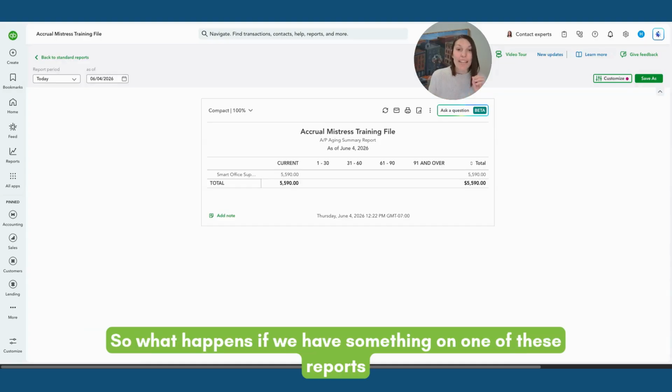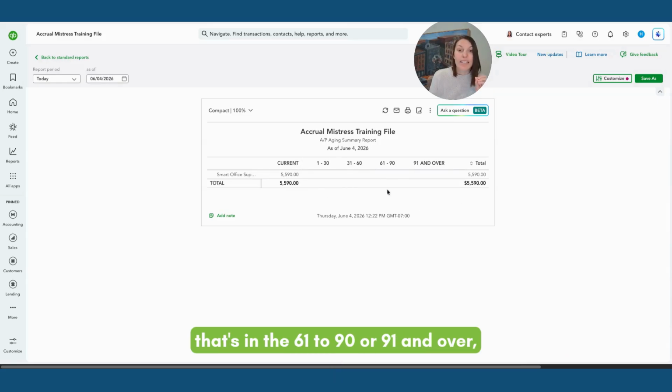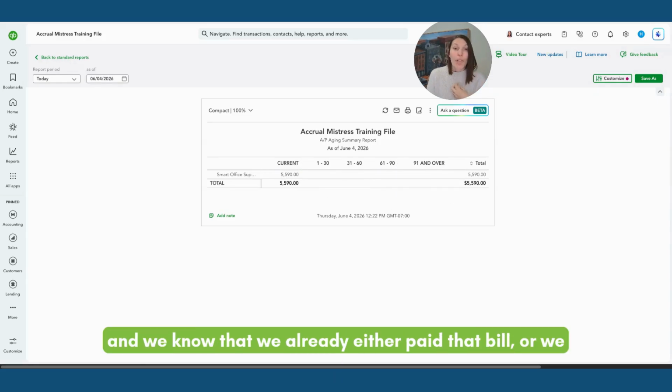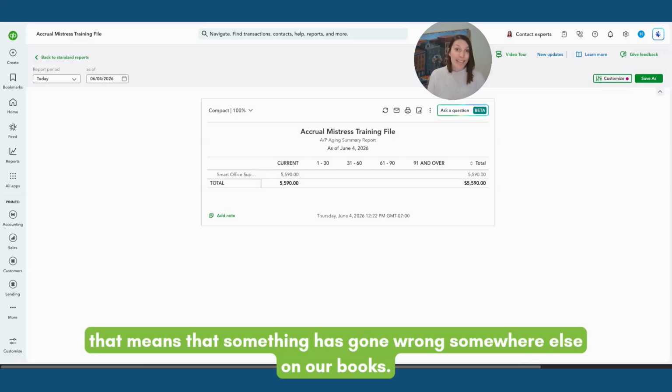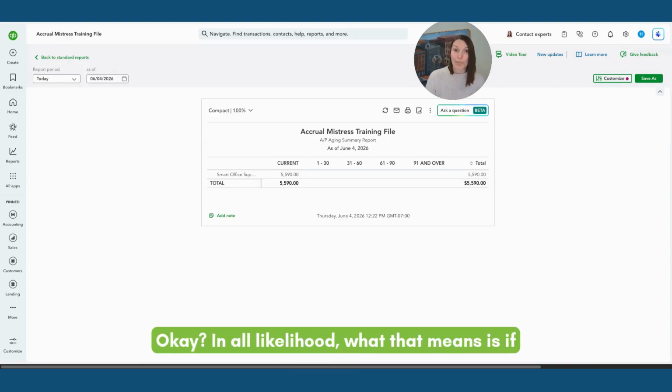So what happens if we have something on one of these reports that's in the 61 to 90 or 91 and over, and we know that we already either paid that bill or we already received payment for that invoice? Well, that means that something has gone wrong somewhere else on our books, okay?